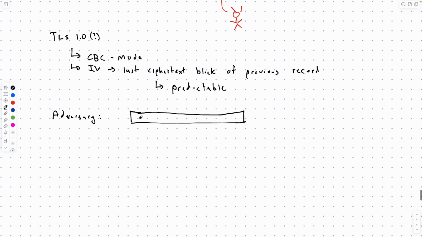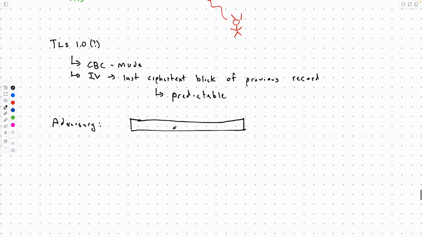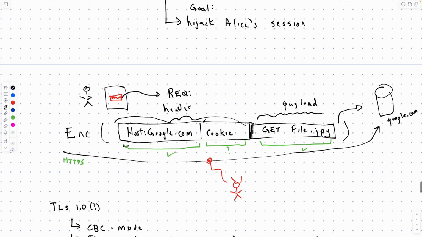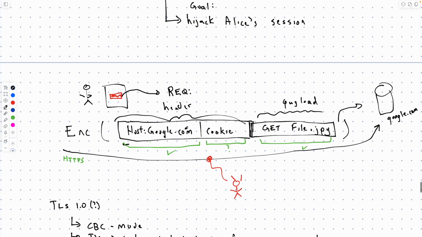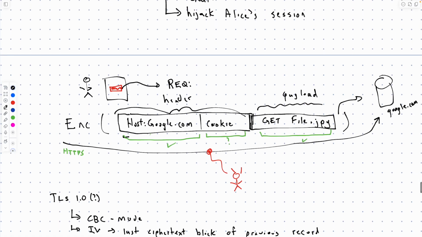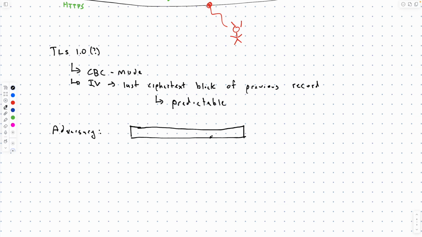So what the adversary will do is ask for a certain host name or a file or any field that goes before the cookie in the header, and they can control how long it is. They're going to make it so it's going to fill up almost the entire block, except for the last byte. I'll write this as adversary chosen.